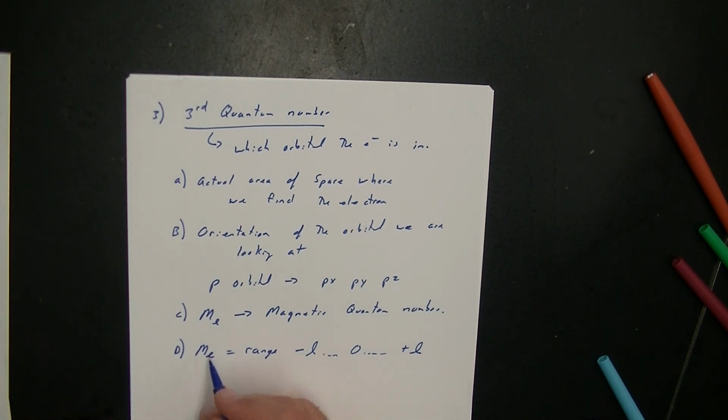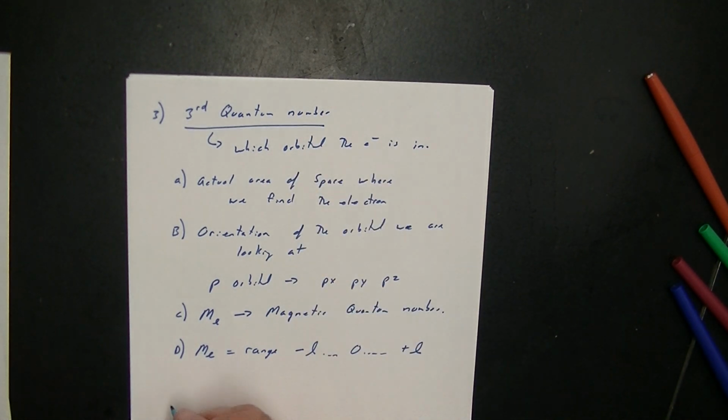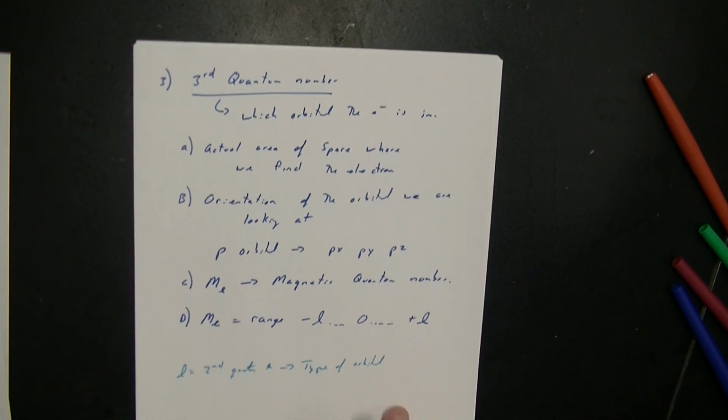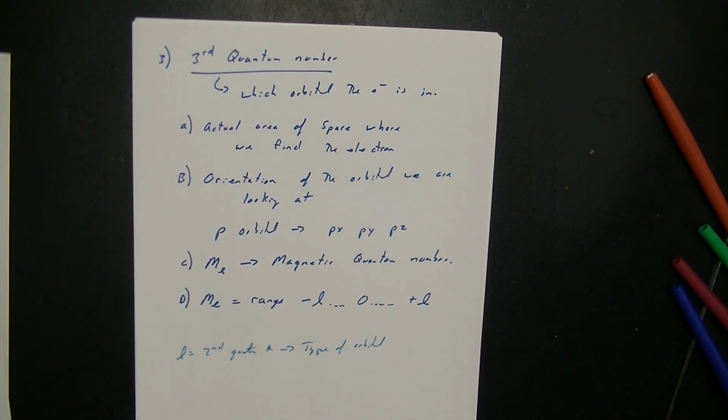Remember L is our second quantum number, and it tells us the type of sublevel, the type of orbital. If we have an S, L is equal to 0.